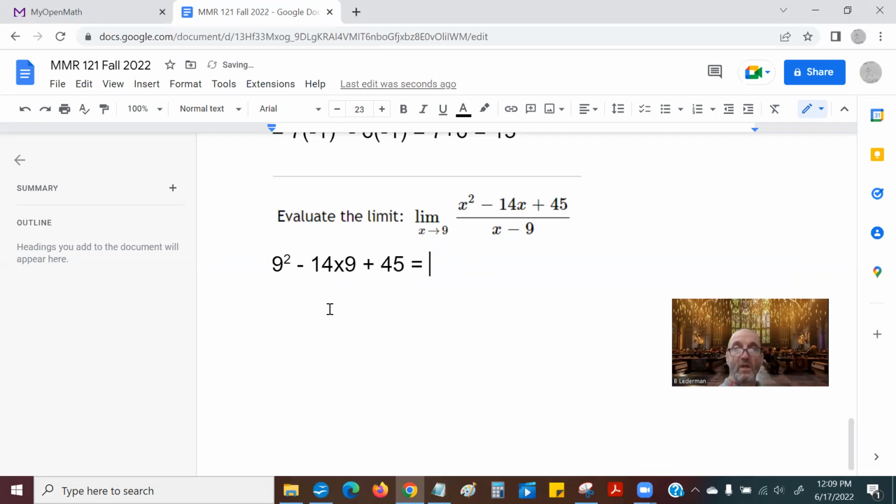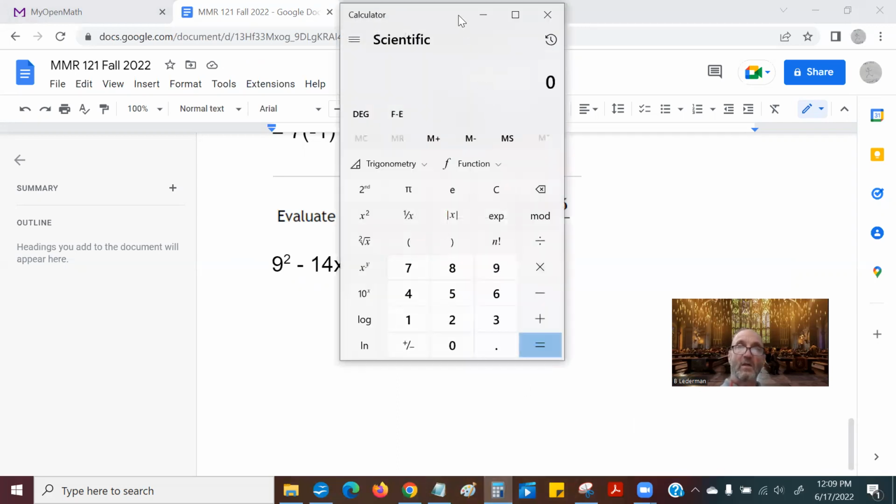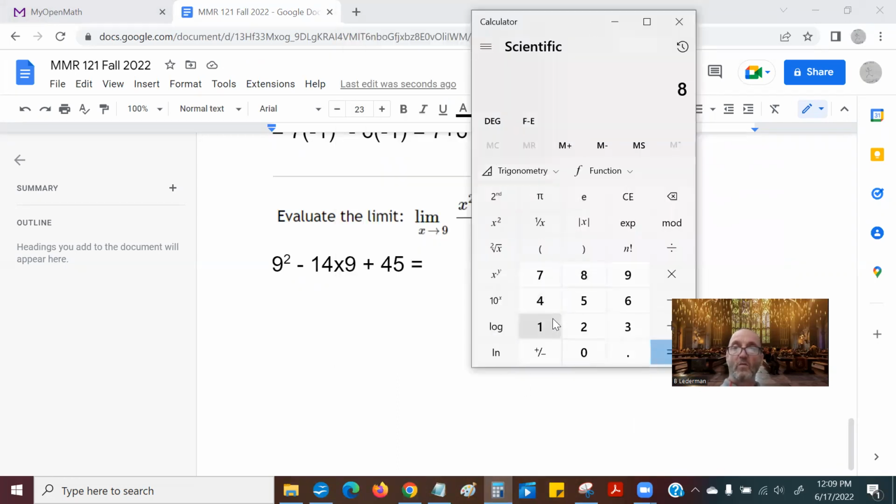Let's go to a little calculator here. 81 minus 14 times 9, plus 45, and that is equal to, whoa, it's equal to 0. I like that. That is actually amazing.